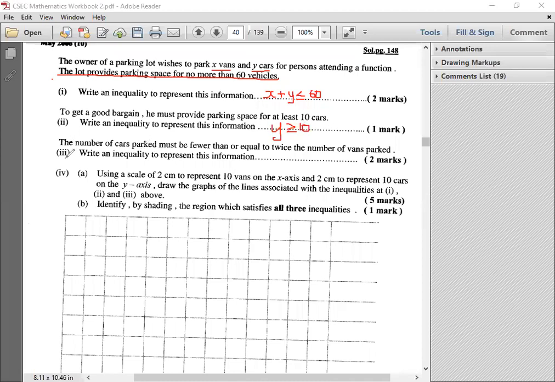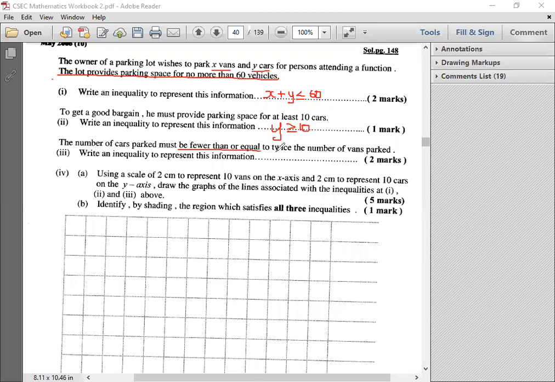Now for the third part, they said the number of cars parked must be fewer than or equal to twice the number of vans.